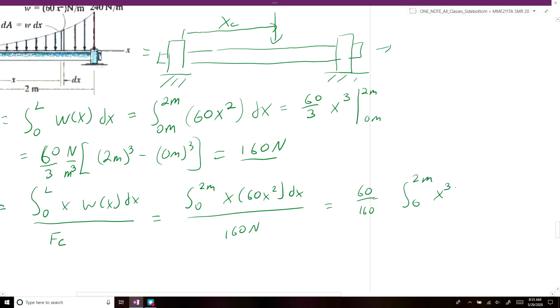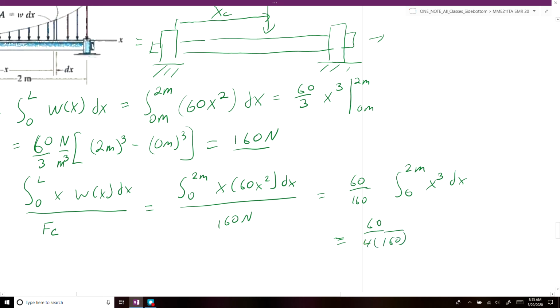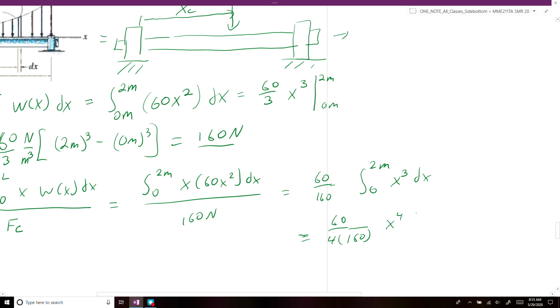x cubed dx. So this would give us 60 over 4 times 160 times x to the fourth from 0 meters to 2 meters.